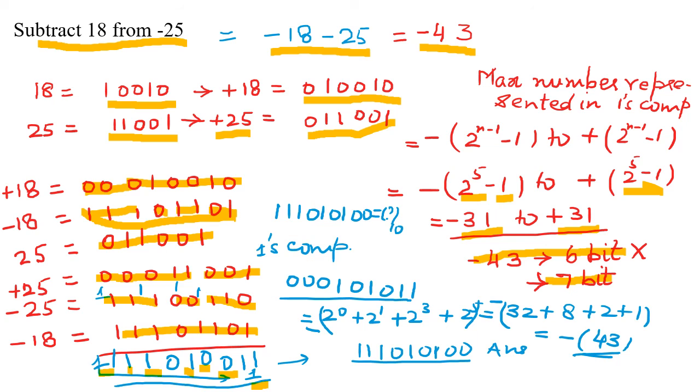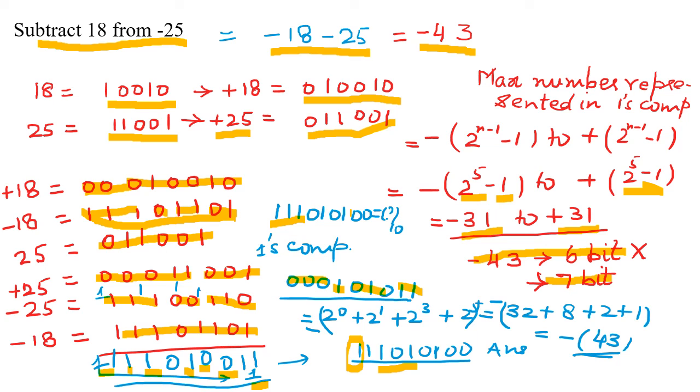Now, to convert the final answer into decimal, we observe that the first bit is 1, indicating the result is negative. So to find its decimal equivalent, we have to take its complement. Corresponding to 3 ones, we have 3 zeros. Corresponding to 0, we have 1. Then 101 is replaced by 010, and 2 zeros are replaced by 2 ones.